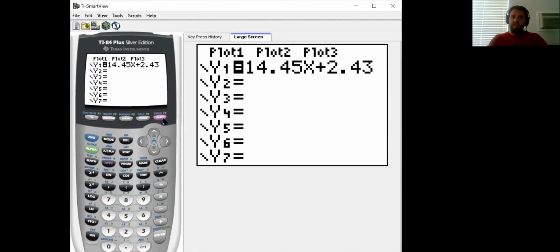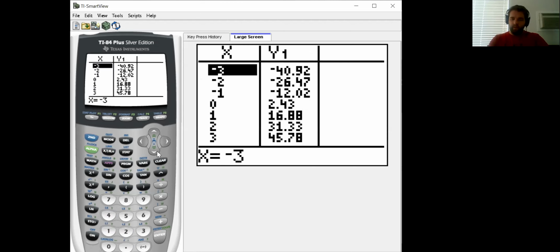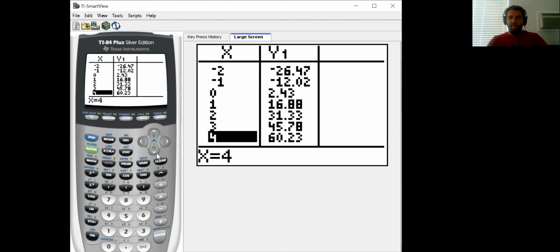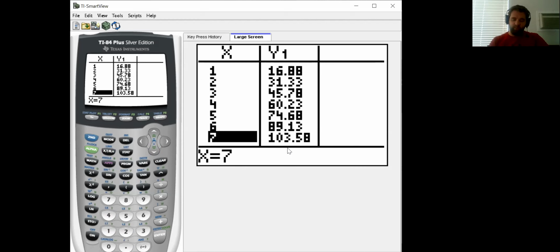And I'm going to go to my table, so second graph, because I want to know at 1 year, how big was it? Well, at 1 year, it's 16.88. We also need to know 98, which is 5 years in. So 5 years in, we'll be at 74.68. And at 7 years, for 2000, we'll be at 103.58.